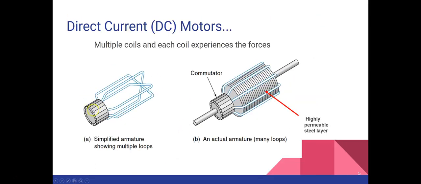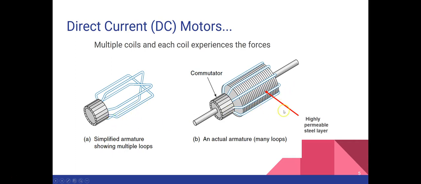As you can see here, this represents different numbers of commutators which are attached to the coils. In this particular case, we have 3 coils attached. This is one coil, then we have another coil over here, and the third coil is like this. By this arrangement, you will have better force on the armature coils, and your motor will rotate faster when compared with only a single conductor.